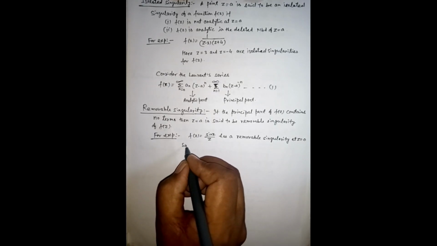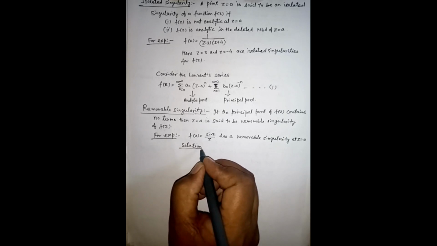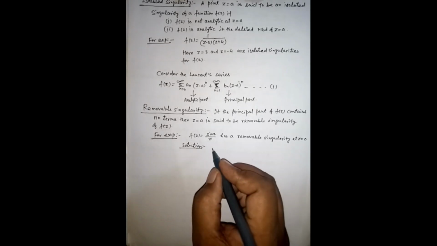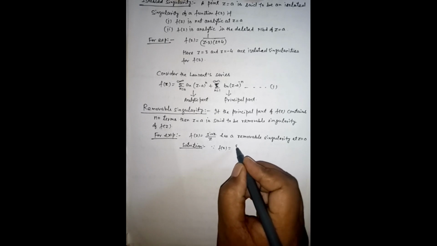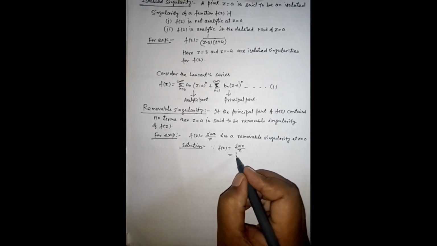Solution. Here f(z) equal to sin z by z. This may be written as 1 by z times sin z.